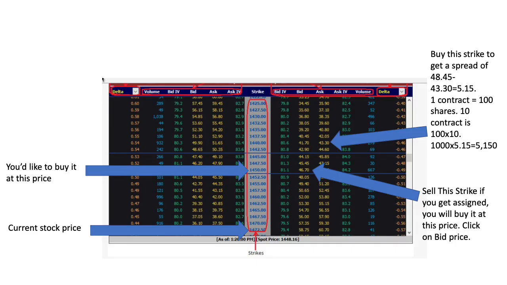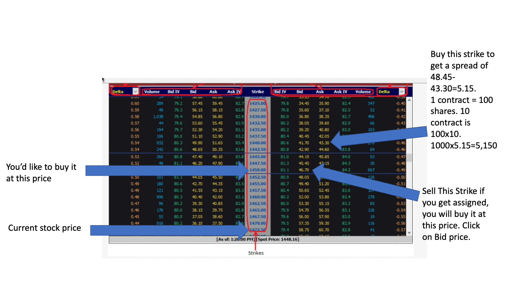Here is an example. This is the option chain, an actual option chain. In the middle, it shows the variety of strike prices. Towards the lower area, you can see the prices going higher. Towards the higher area, you can see the prices going lower and lower. That's the way it is set up.